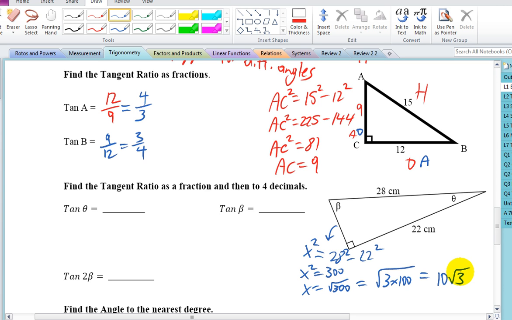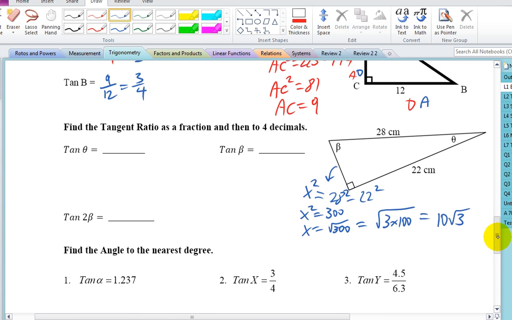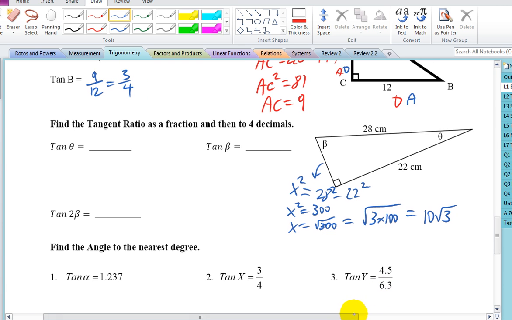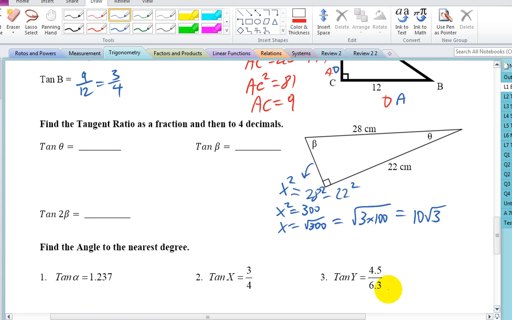Okay, so that side is 10 root 3 when you simplify your radical. I know I'm going pretty fast here. Is that okay? Root 300, 10 root 3. Okay, so there's different ways of doing your work. I just showed you one way. So tangent theta, please find tan theta, tan beta. Go.